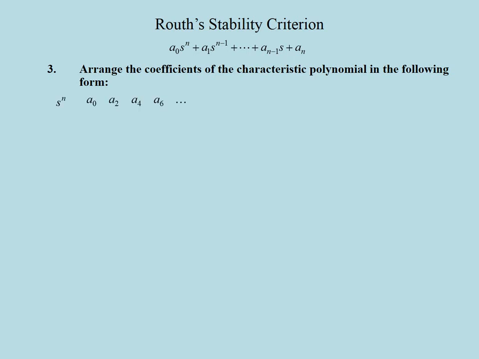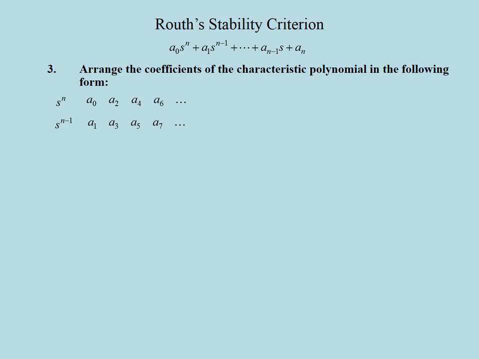That is, the first row is a0, a2, a4, a6, and so on. The other coefficients go to the second row in the same order. So in the second row we have a1, a3, a5, a7, etc.